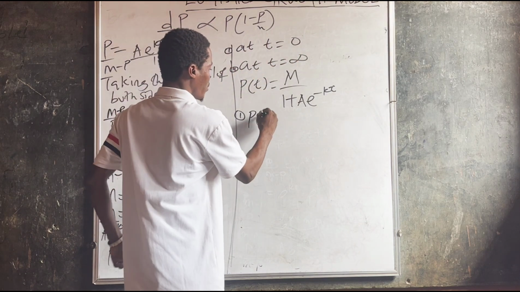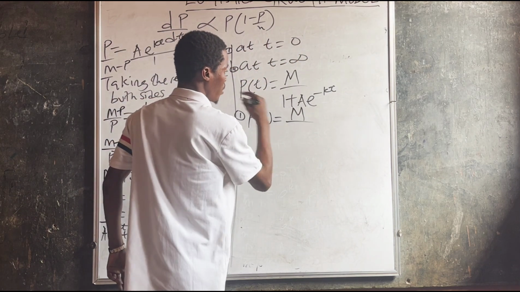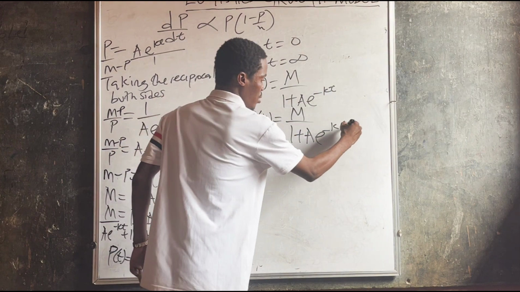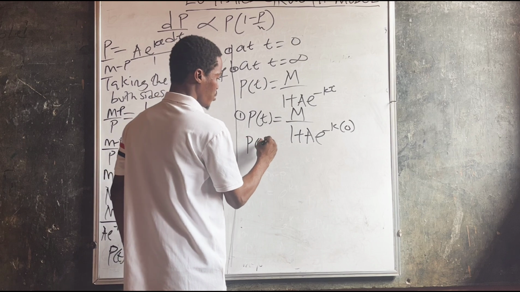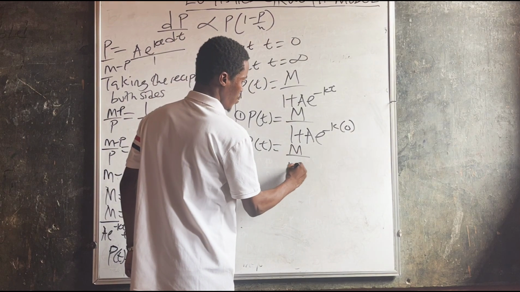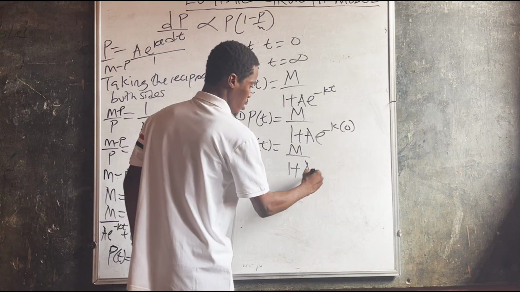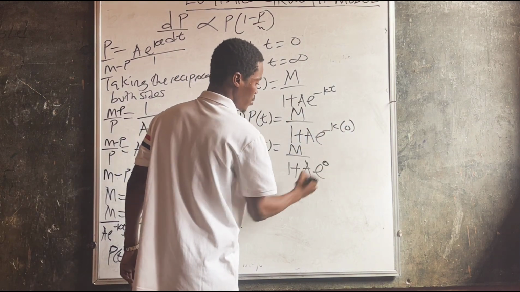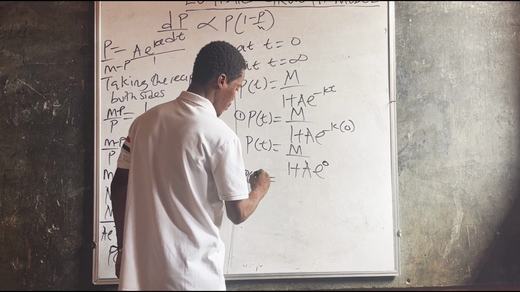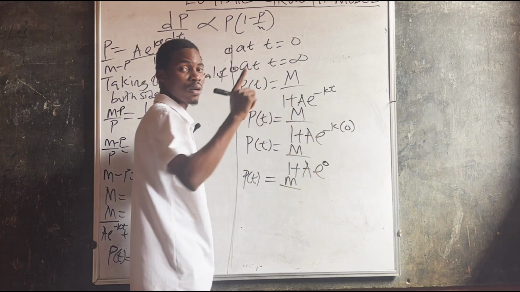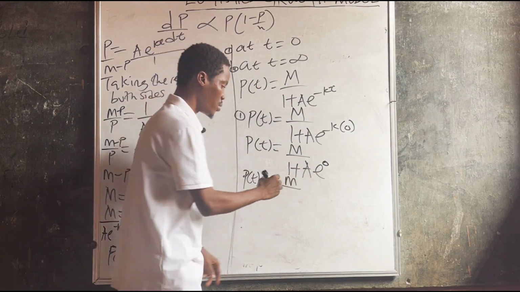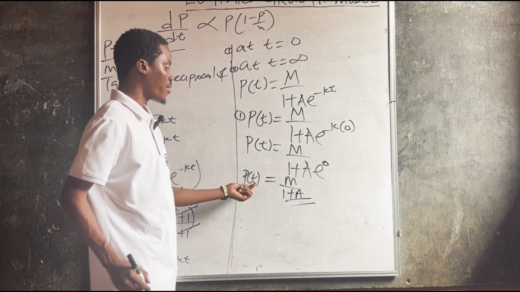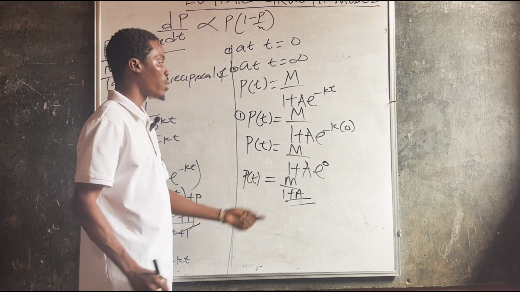So we have P of t is equal to m all over 1 plus a exponential minus k times 0, which is 0. Anything raised to power 0 is 1, so 1 times a is a. At t equal to 0, P of t is equal to m all over 1 plus a.